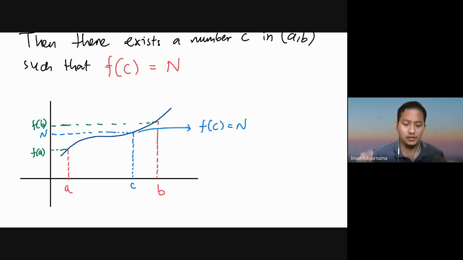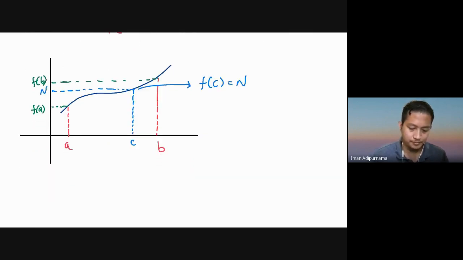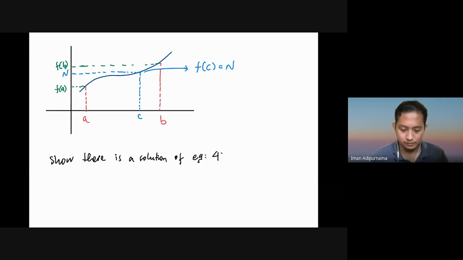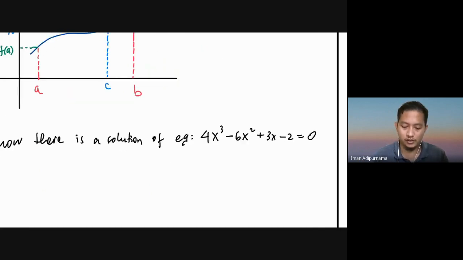And then the question is, how do we use it in some cases? Let me give you a case. Show there is a solution of the equation, let's say we have this cubic equation here.